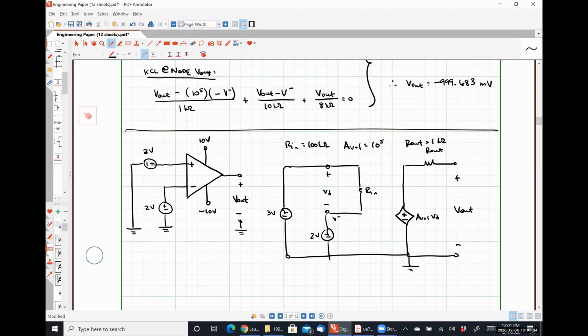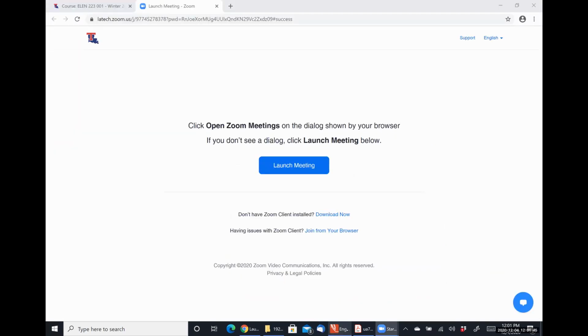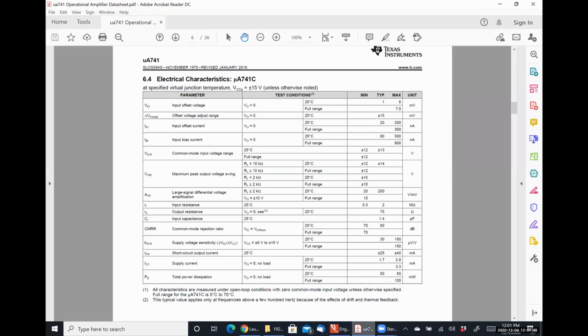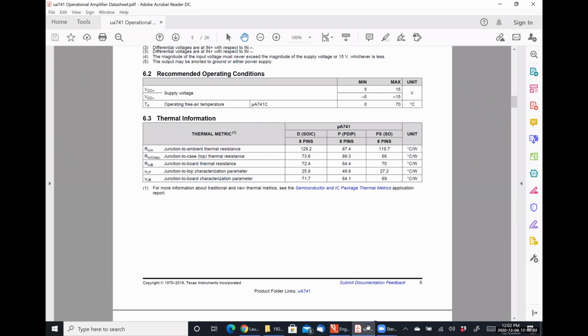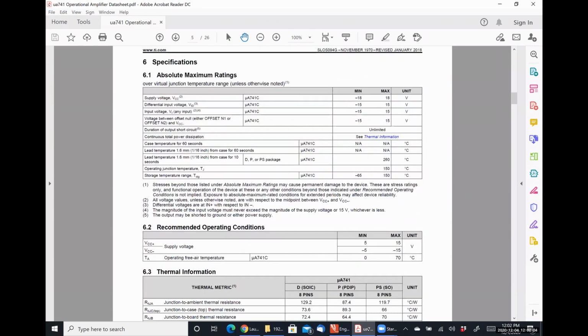Many op-amps don't do that. Typically speaking, the output voltages are only able to go up to about 1.5 volts below the power supply. So if we look at this guy right here, let's see if we can find some information about it. Okay, yeah.